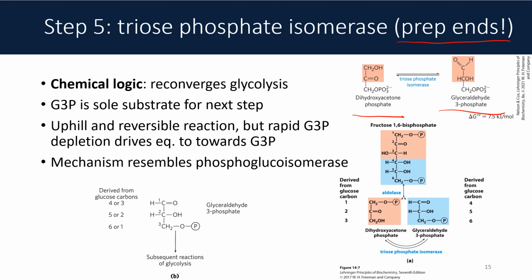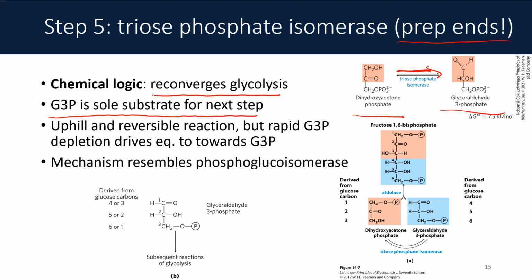More specifically, this enzyme is going to convert the DHAP into G3P, thus reconverging glycolysis back onto one track. So moving forward, G3P will be the sole substrate moving onward.